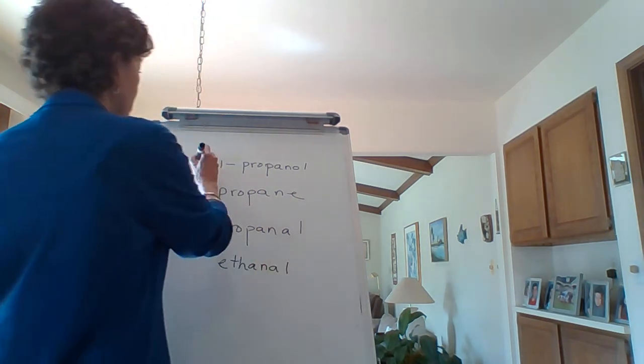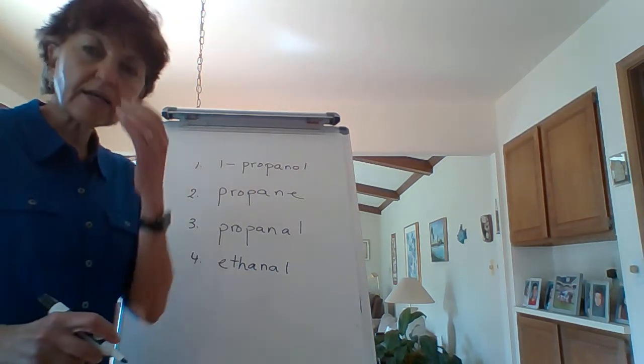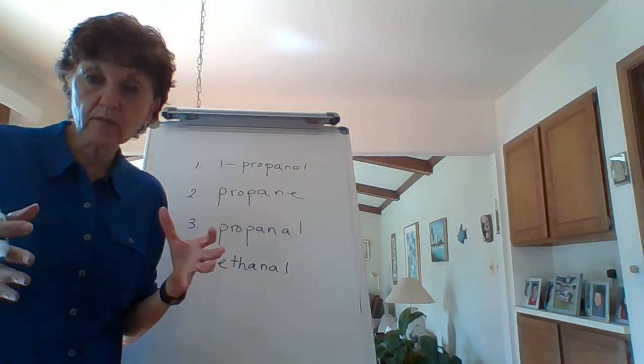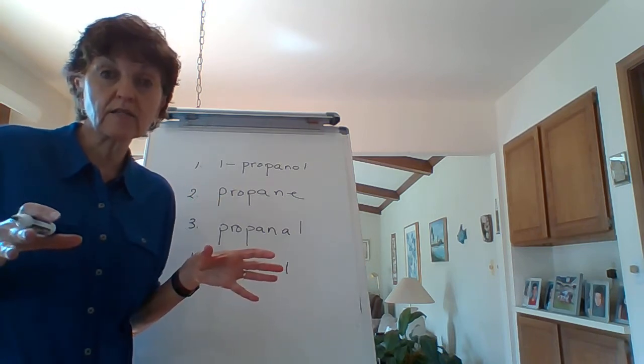All right, so I have, this is 1, 2, 3, 4. And I ask you, all right, rank them. Who's going to have the highest boiling point? The one that has the most intermolecular forces is going to have the highest boiling point.